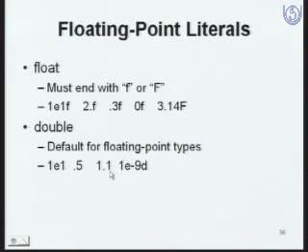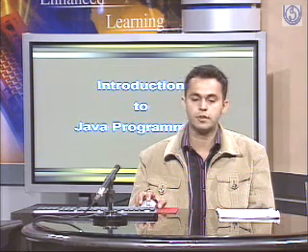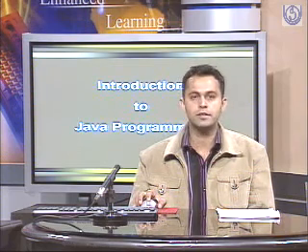If you don't want, then by default it is assumed that this is a double data type. So 1E1 is a double kind of literal. If you want, you can specify D after that also.